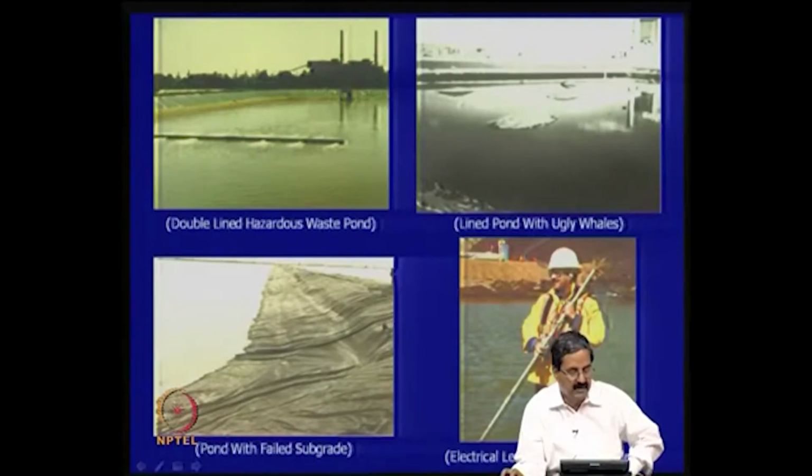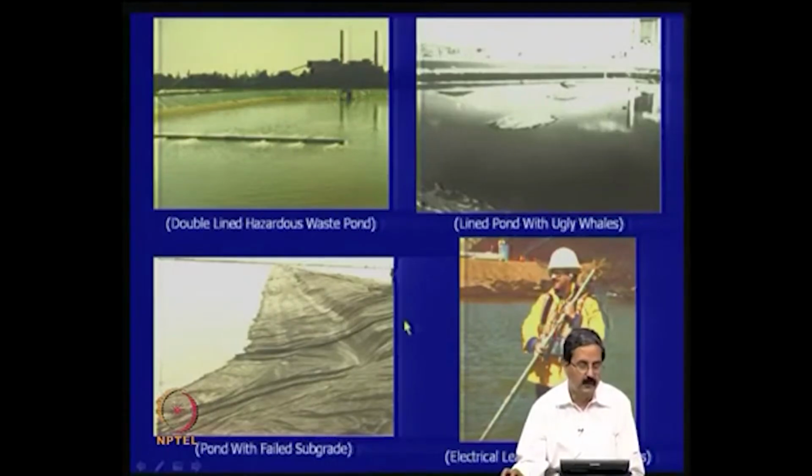The geomembrane has to be laid on a subgrade, it can't be just laid as it is. You have to have some sort of soil cushion, compacted properly, and then put a geomembrane. If you do not put it properly, because of the soil interaction between the soil and geomembrane, the friction coefficient could be less. So it may slip off.